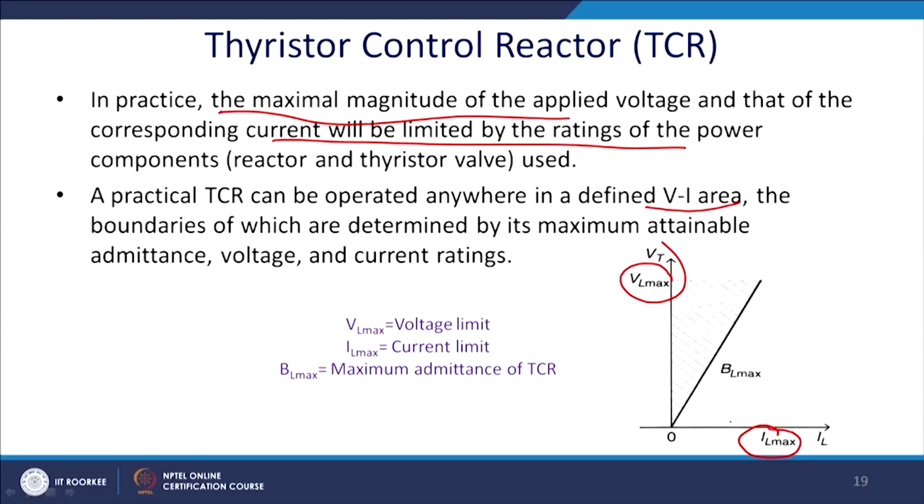A practical TCR can be operated anywhere in a defined V-I area. This is the maximum voltage blocking capability of the device, and this is the maximum current that can flow in the device, the same load line concept we used for transistors. Here the plot is just opposite: we have taken I on the x axis.